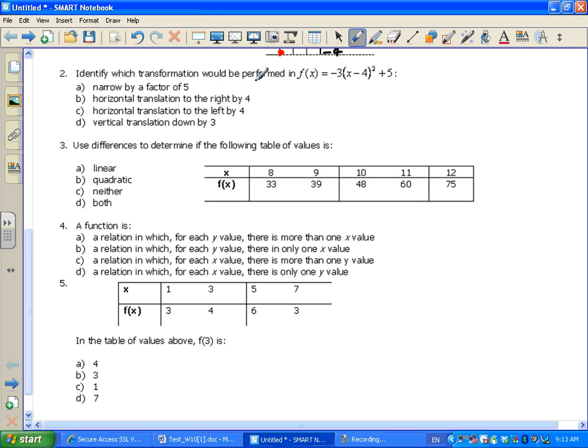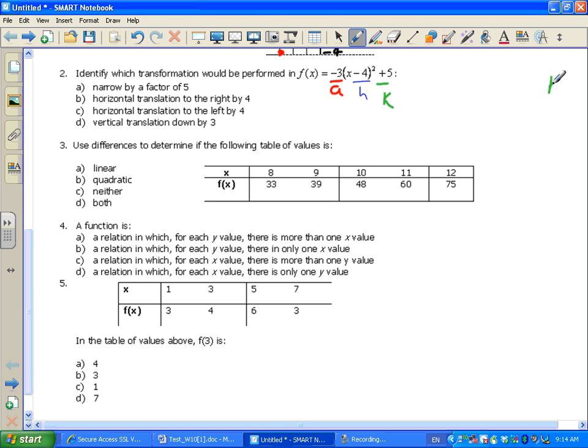Identify which transformation would be performed in f of x equals -3 times (x minus 4) squared plus 5. So, what's important here is we have our a value, which is -3, our h value, -4, and our k value, which is +5.